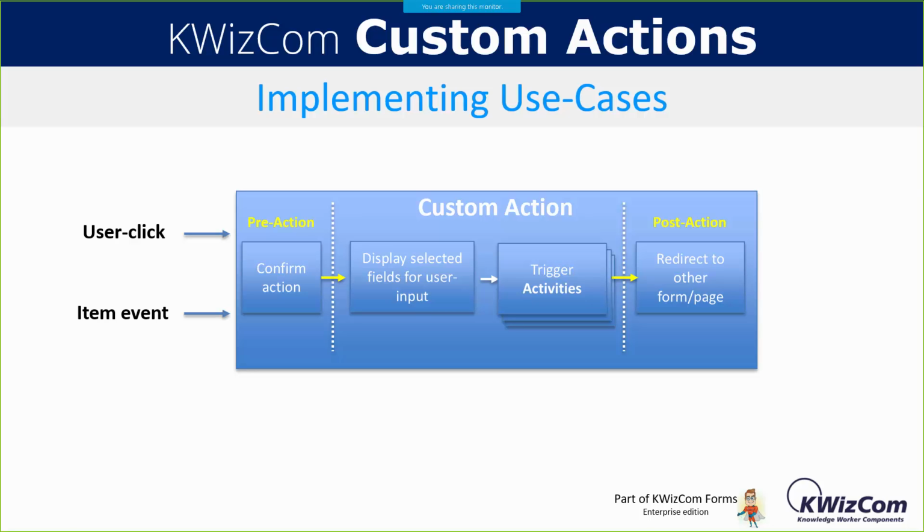Once this custom action starts, it can include several stages. The first stage is the pre-action. This is where you can confirm that the user is aware of what's going to happen, and he can confirm or cancel the custom action.